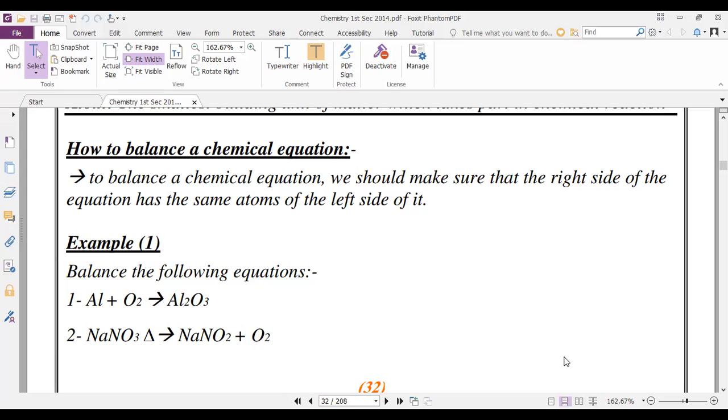Example: Al plus O2 to produce Al2O3, and also NaNO3, heated, to produce NaNO2 plus O2. Try to think about how you can balance the first equation, Mariam. Okay, try to make it.